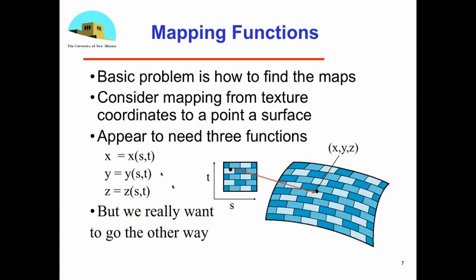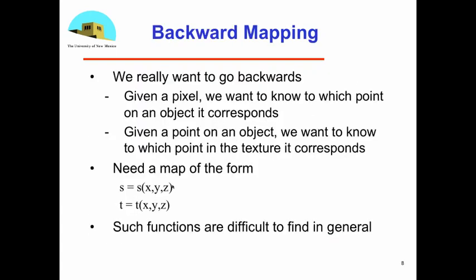Unfortunately, we want to go in the other direction, and we start in the fragment shader, and we want to go backwards to find out what the appropriate texture value is. So given a texel or a fragment, which point on the object does it correspond to, and then from each valid point on the object, we want to know what texture point it corresponds to.